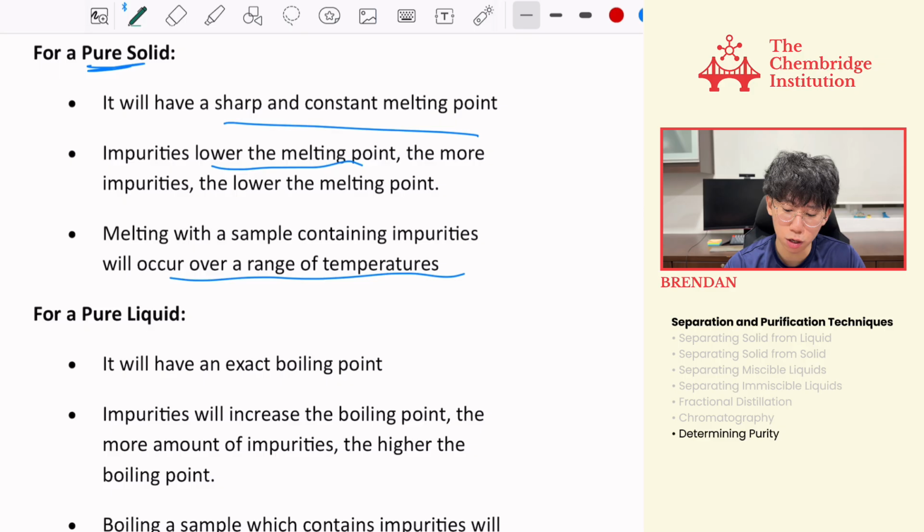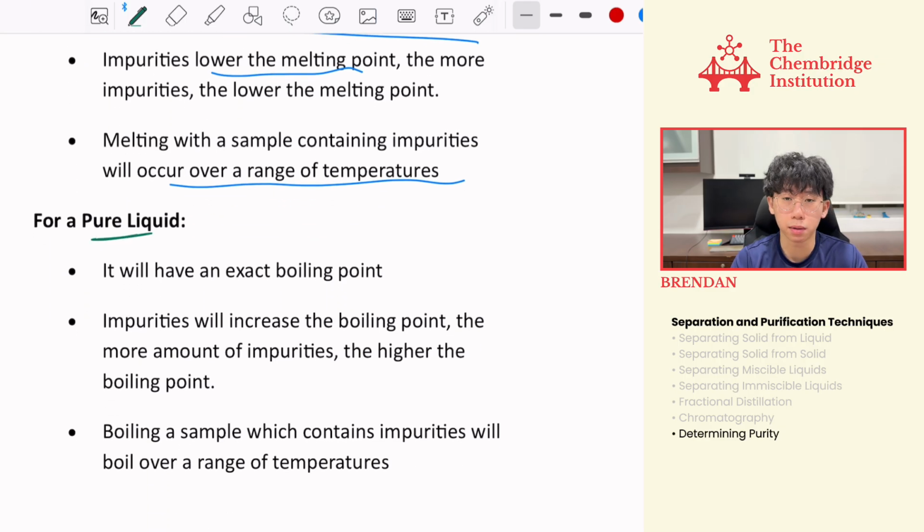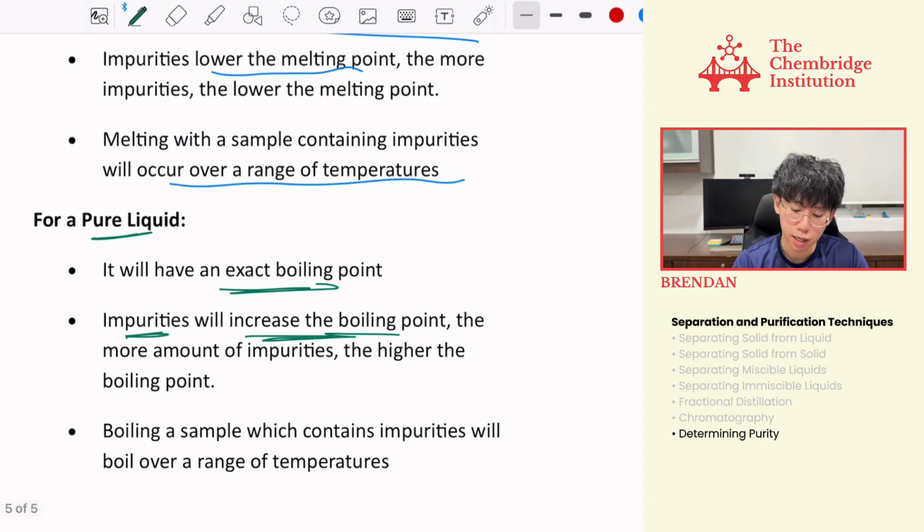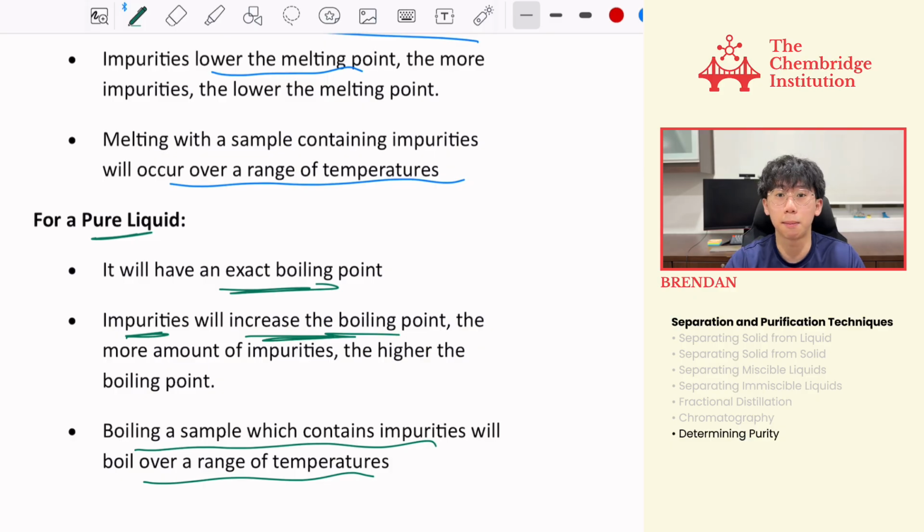If it's a liquid, same concept, we'll have a very sharp and constant boiling point if it was pure. If it was impure, it will actually be the opposite. The impurities will not lower but actually increase the boiling point. And if it has impurities, it will obviously boil over a range of temperatures as well.